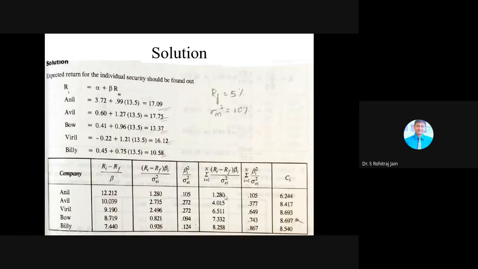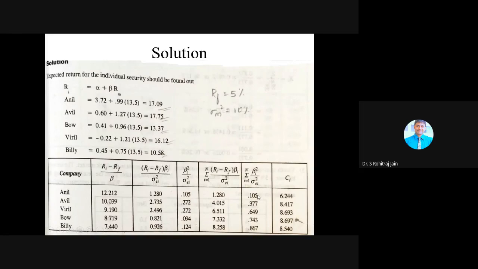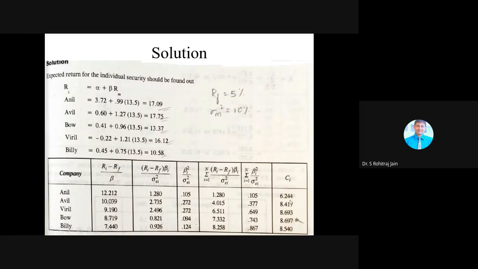So my numerator is 1.280, whole divided by 1 plus 10 into 0.105, which we have calculated in the table. I need to calculate this for the second, third, fourth, and fifth stocks. So I got for the first stock the value 6.244.